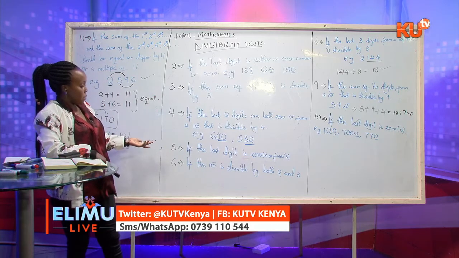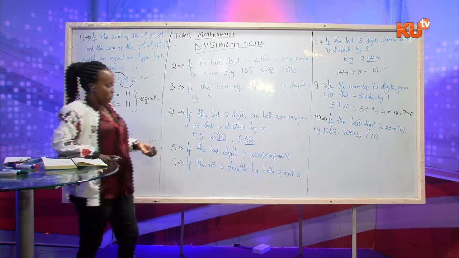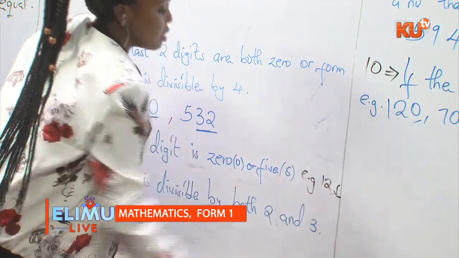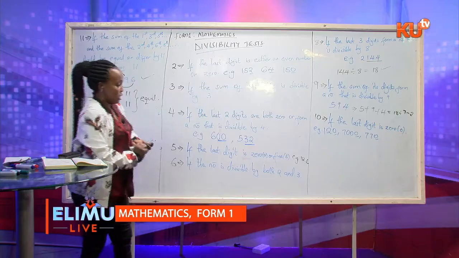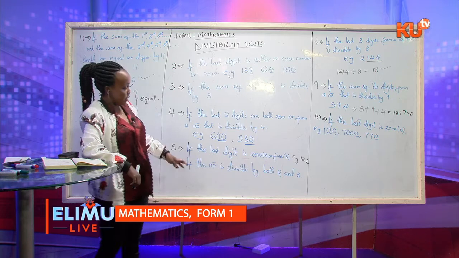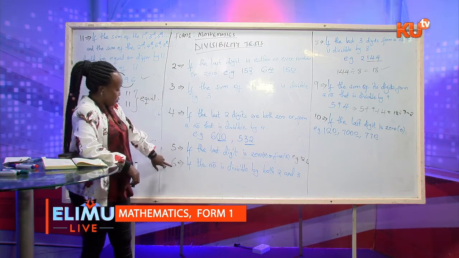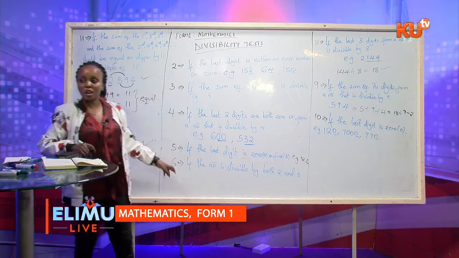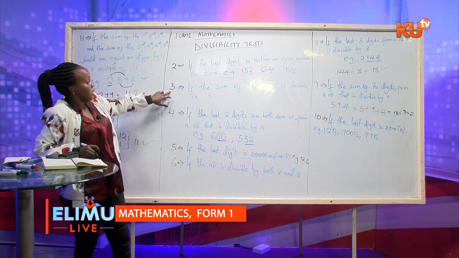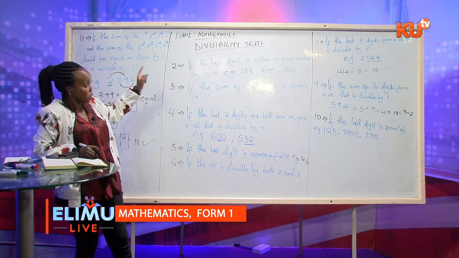Then for 5, a number is divisible by 5 if the last digit is either 0 or 5. We can give an example of maybe 125. The last digit there is 5. Then the next one, a number is divisible by 6 if the number is divisible by both 2 and 3. So for you to know a number is divisible by 6, you first have to know that it is divisible by 2 and 3, and to know that, you already have the divisibility tests for both 2 and 3.